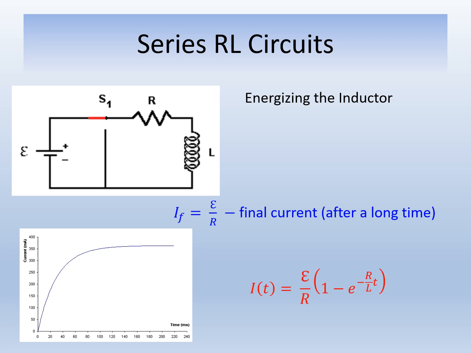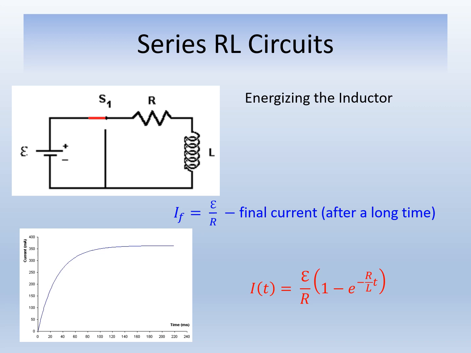So eventually the current in the circuit becomes stable, and at that point the inductor has completely given up resisting. When that situation has been reached, the current through the circuit is stable, and that current has the form of Ohm's law. That means I equals the battery potential difference divided by the resistance.